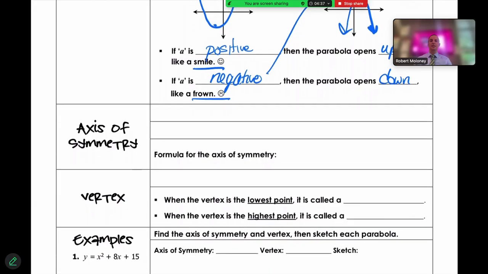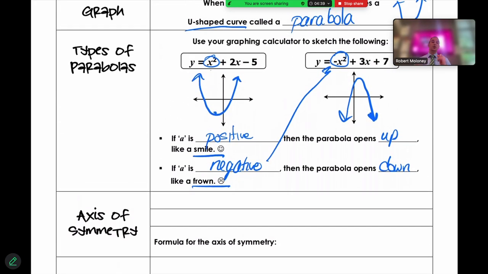Now that we understand what shape it's always going to create and which direction it's going to go, we ask, what can I do with this? You'll notice that since it's a U shape, a U is a symmetric object. Symmetry is simply the idea that I split an object and it's equal on either side. Humans love symmetry.